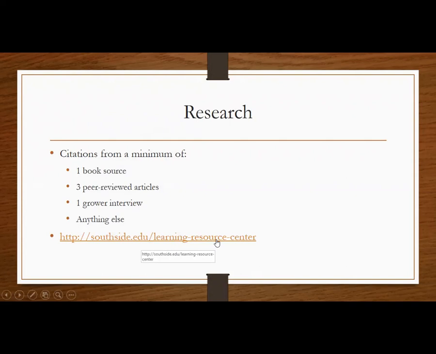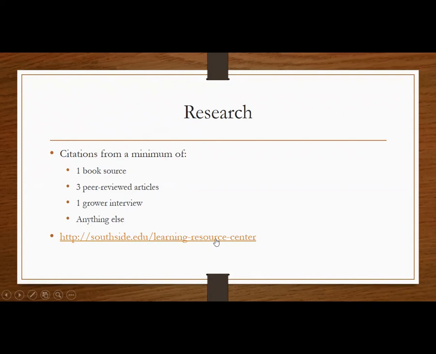And here we've got a link to Southside's Learning Resource Center, their library. You can use the quick search in there as a way to find those peer-reviewed articles. The VCCS, the community college system, has gotten a lot better in providing more collections of journal articles.